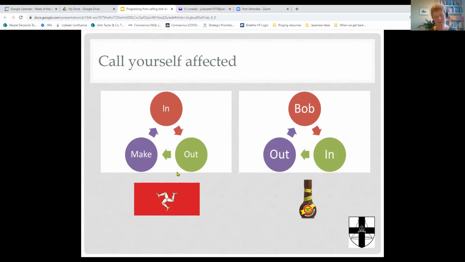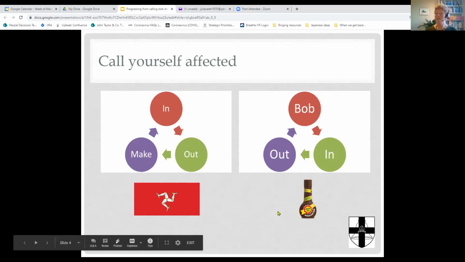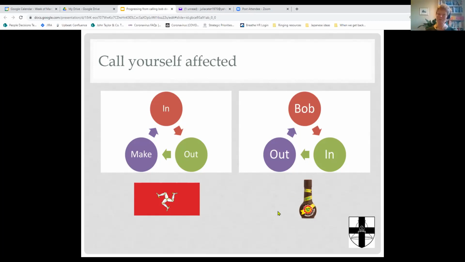So that same principle works, and obviously you can use the bob in, out if that works for you the same. So it's really useful to know that if you can call Bob Doubles, you can also call Bob Minor using the same principles of in, out, make, in, out, make, in. Any combination of that will work just the same.